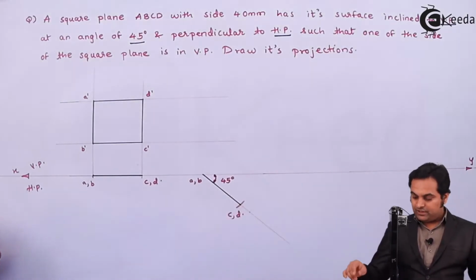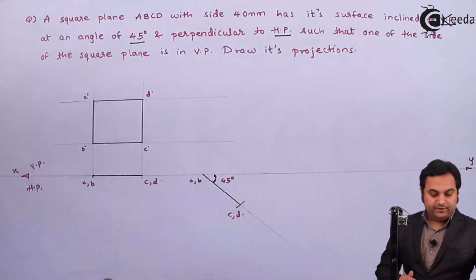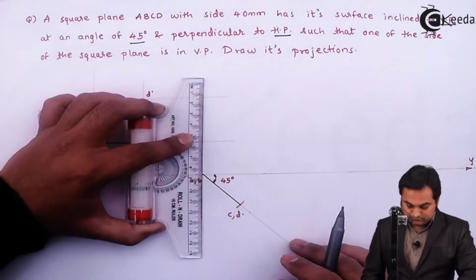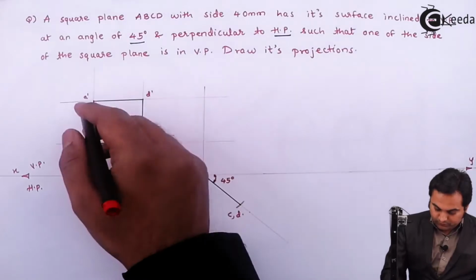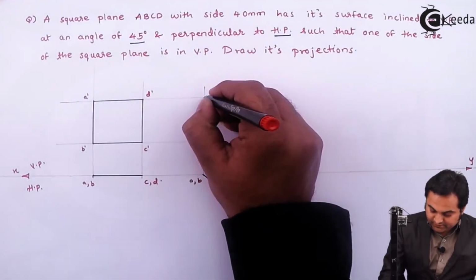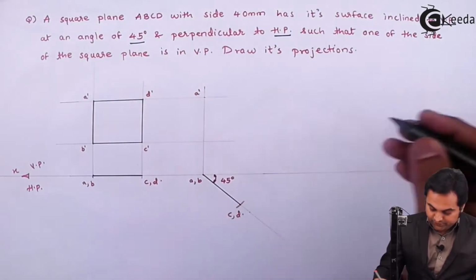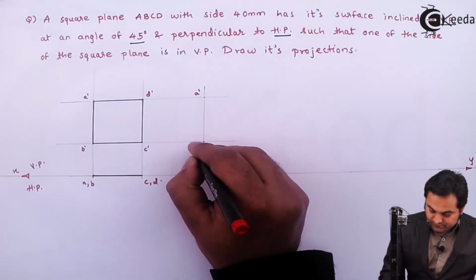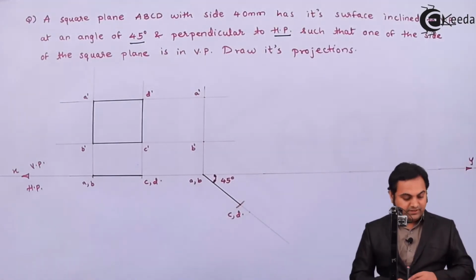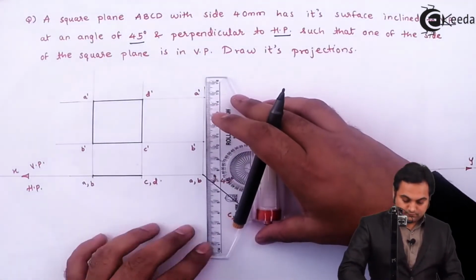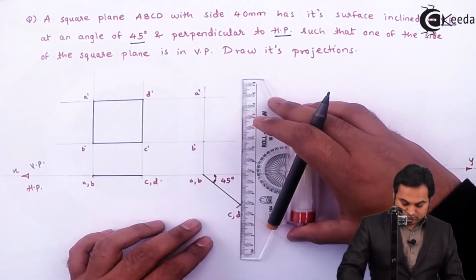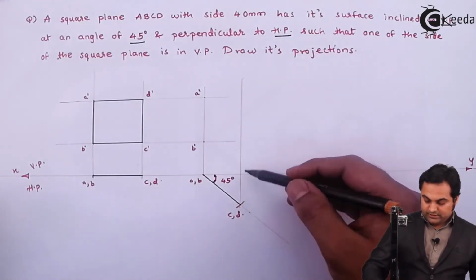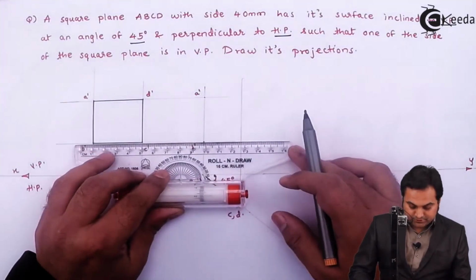So projecting the points up into VP, starting with points A and B. Where A and A dash intersect, that will give point A dash. B and B dash, here I'm getting point B dash. Next for C and D dash, so here are points C and D, and C dash will be projected.